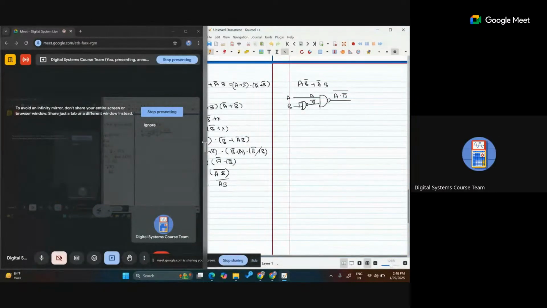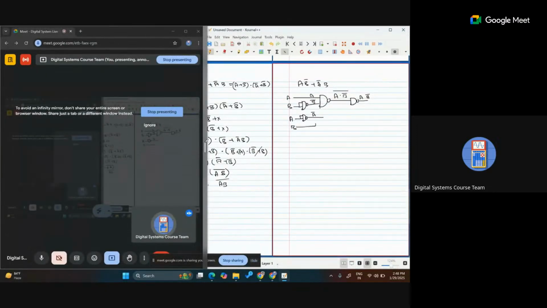Yes, sir. If I give another NAND gate, it gives A dot B the whole bar of whole bar of whole bar, which is equal to the same value. Am I right? Yes, sir. Similarly, I'll take the A term connected to a NAND gate, it gives A bar.